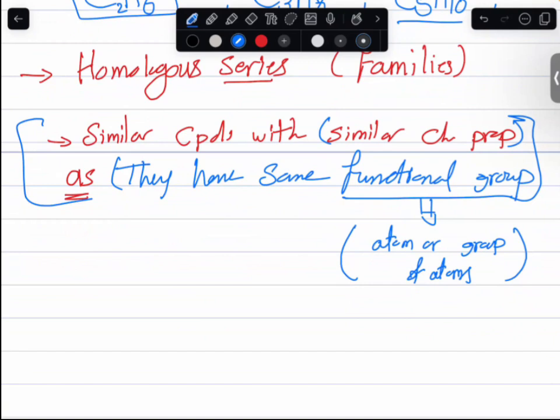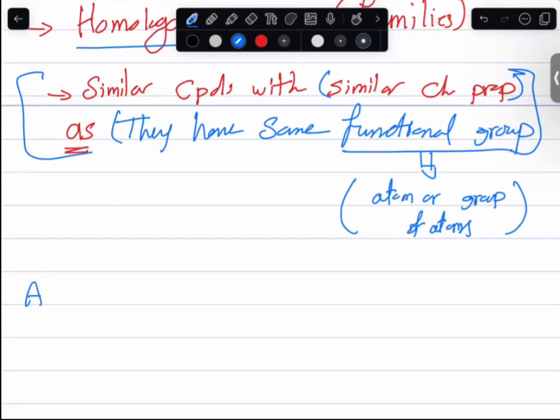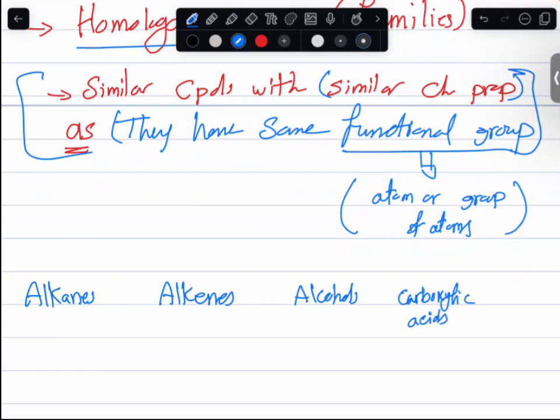For example, in organic chemistry we will study 5 main families: alkanes, alkenes, alcohols, carboxylic acids, and esters.